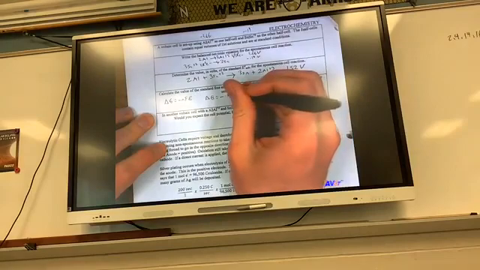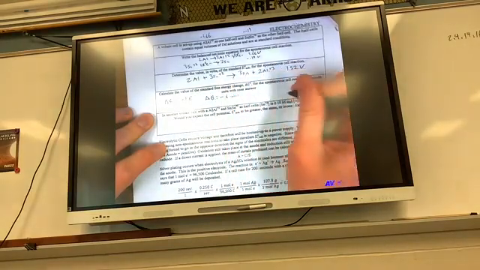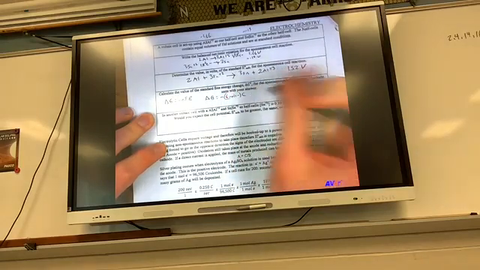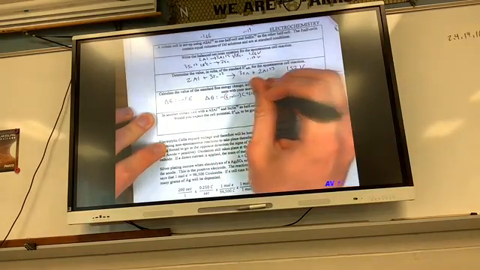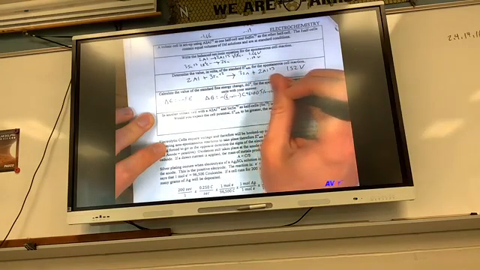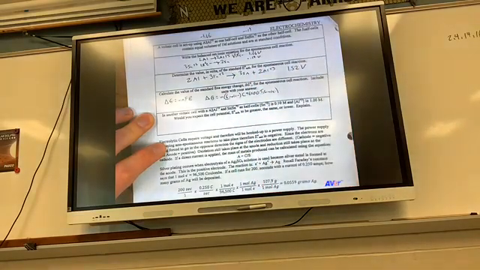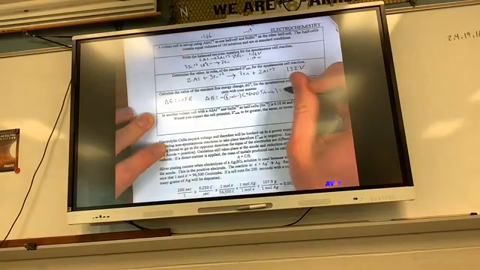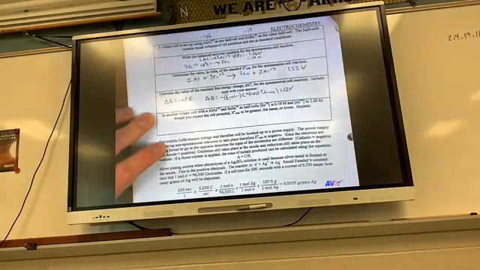Negative 6 moles of electrons times Faraday's constant, which is 96,500 joules per volt mole of electrons, times what? E. What's my E? 1.52 volts. So that's going to leave me delta G in joules.